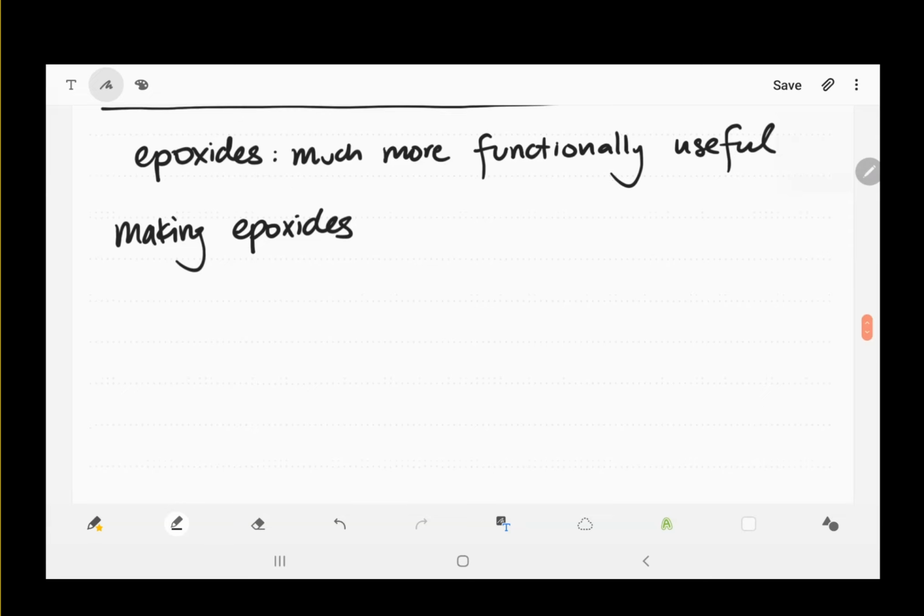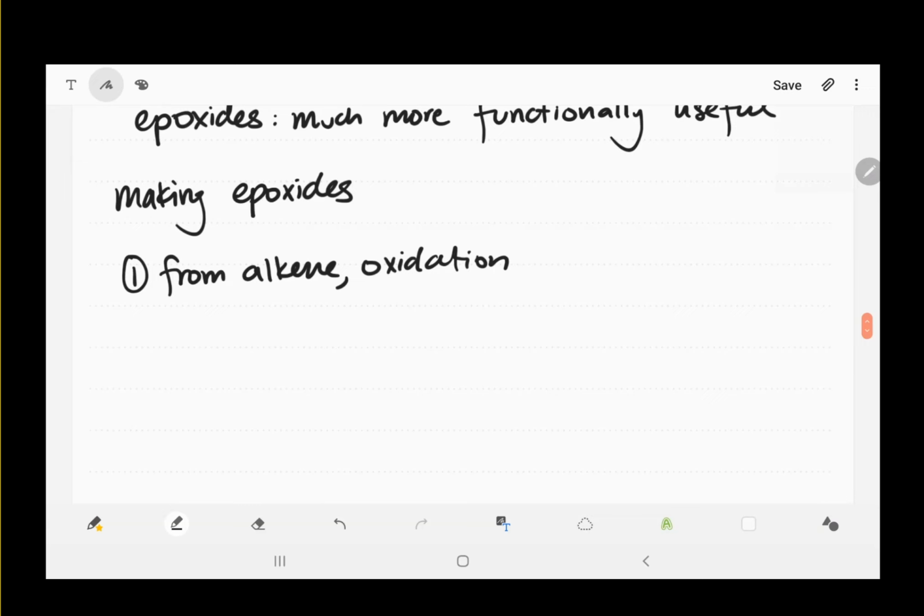First way is to take an alkene and just oxidize it. Oxidation, there we go, that's the word I'm looking for.